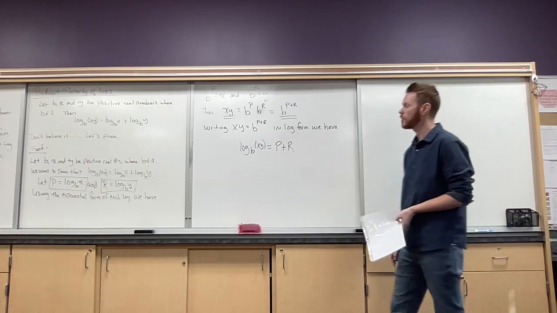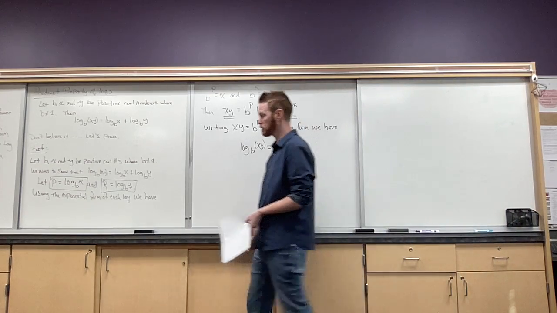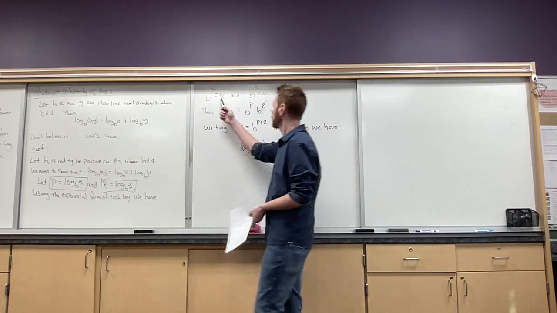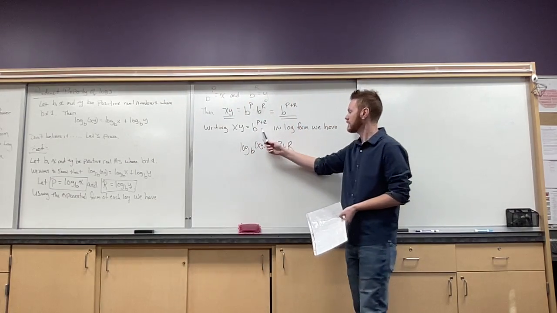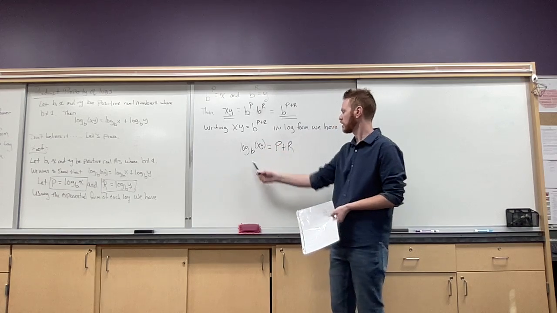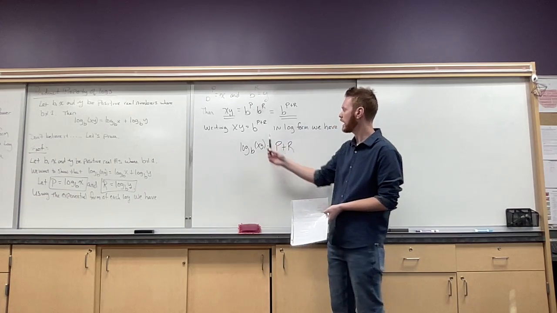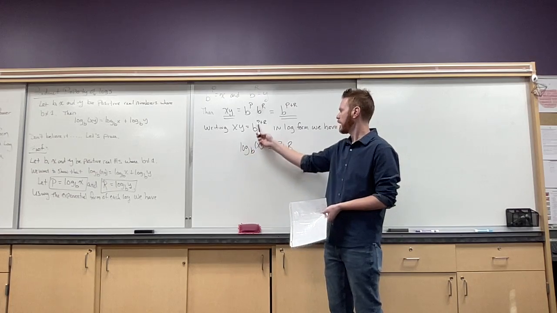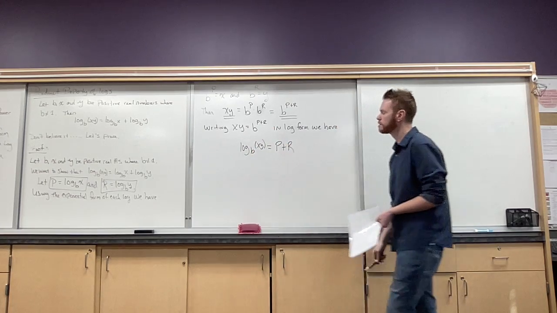So again, I'm just going in the reverse direction. At the very beginning of the proof, I changed these logs to their exponentials. And then I got this as a result when I multiplied them. Now I'm going to change this into its log equivalent. So remember, when you do that, this is going to be your base, that's your argument, and then the power is what the log is equal to.